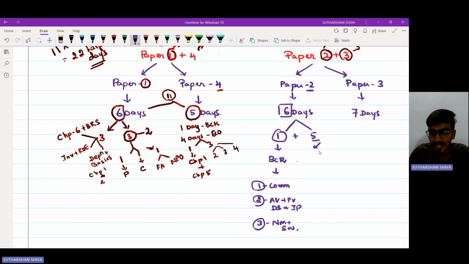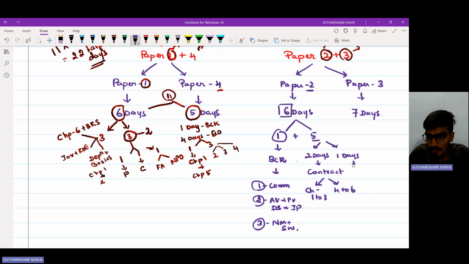In these 5 days, you are going to give 2 days for Contract Act. These 2 days, you will bifurcate into the first 3 chapters, 1 to 3, and 4 to 6. And then you are left with 1 day.